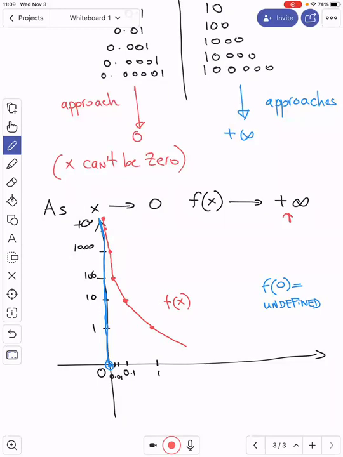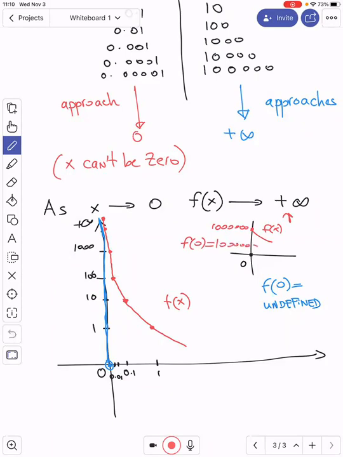Because if the graph of f touched the y-axis, here's 0, and let's say it touches at 1 million, well, it means that f of 0 is going to be 1 million.